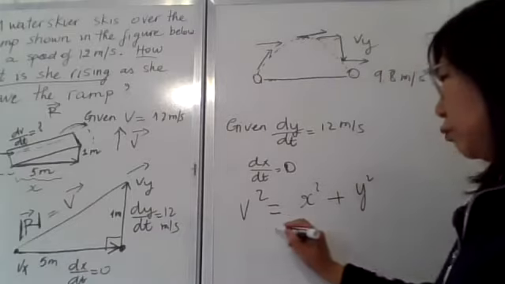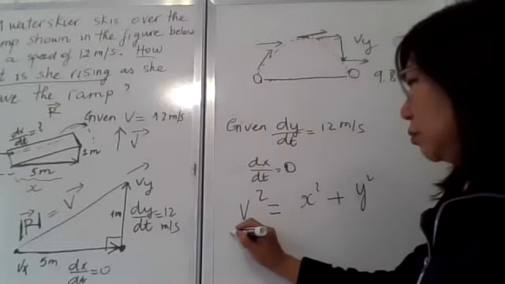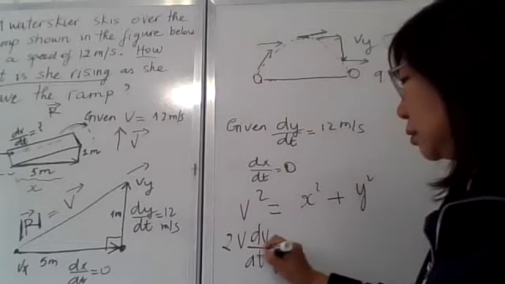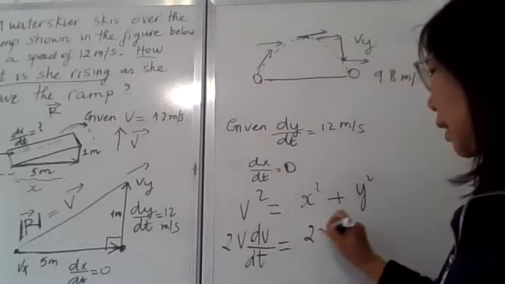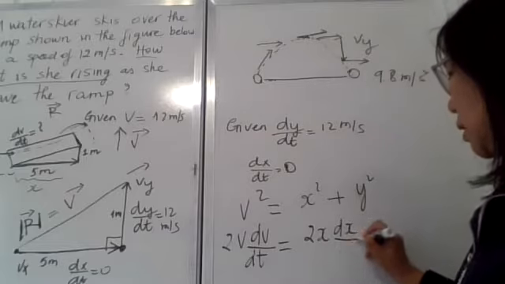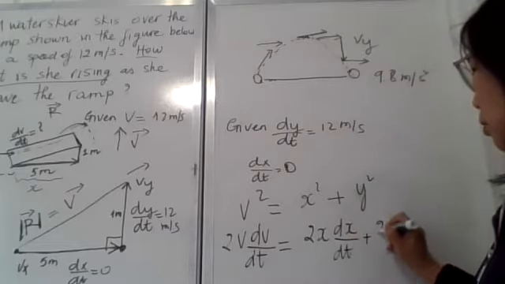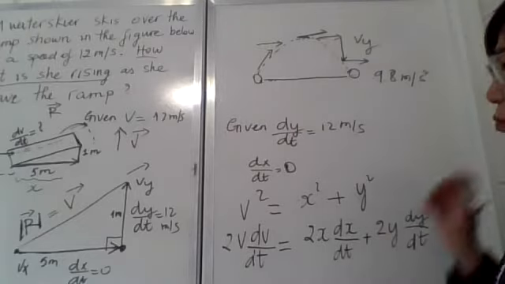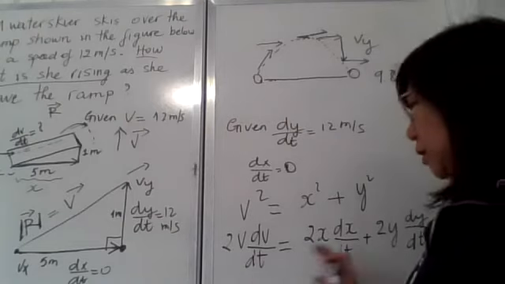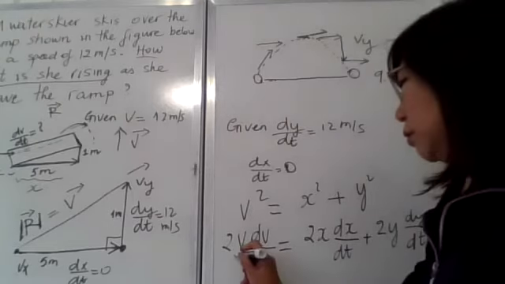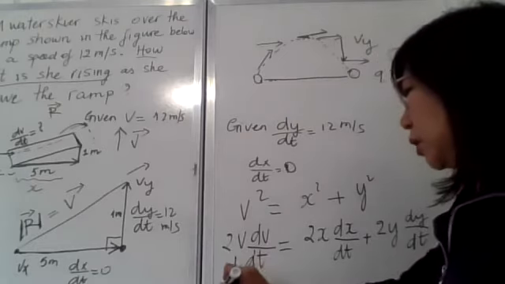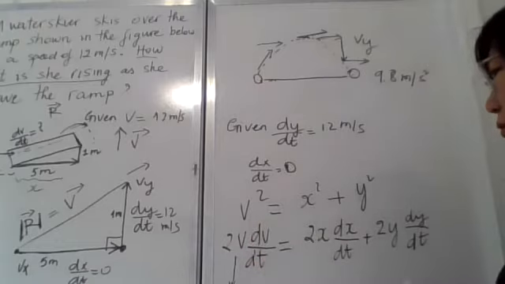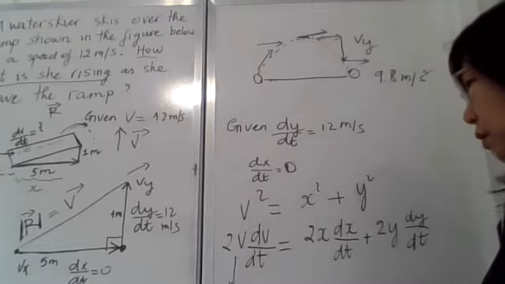Therefore, when we take the derivative of this function, we have 2v dv over dt equals 2x dx over dt adding with 2y dy over dt. Now we're going to substitute anything we know into the equation. The v here we haven't calculated, the magnitude of the resultant vector.